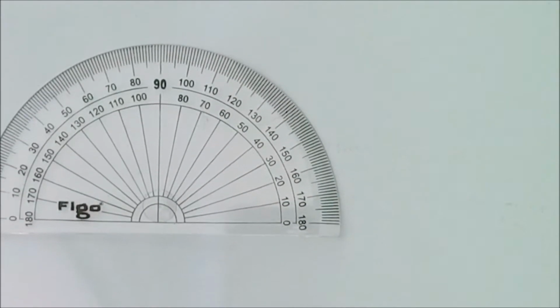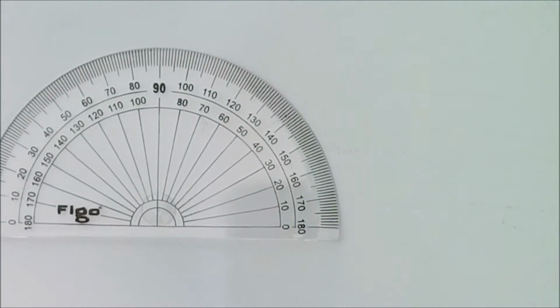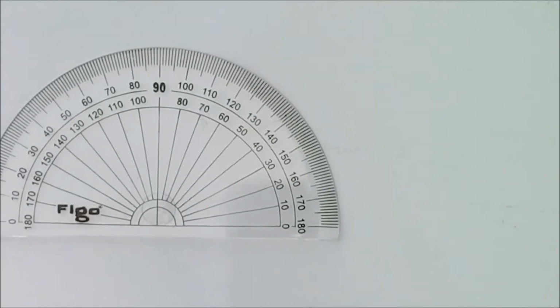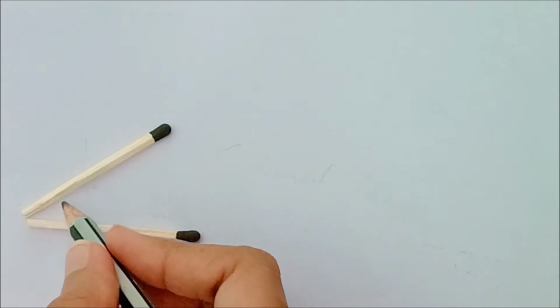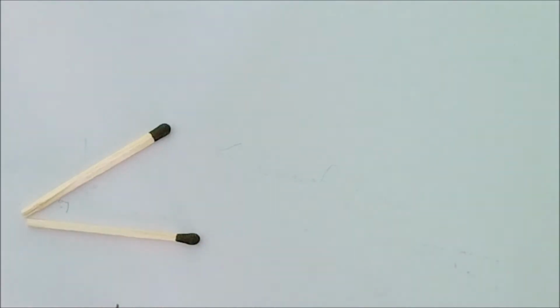Okay, children, fine. Now we are going to do one activity using matchsticks. We are going to measure the angles now. See, children, what angle is this? See here, it forms an angle, right? So what type of angle is this?